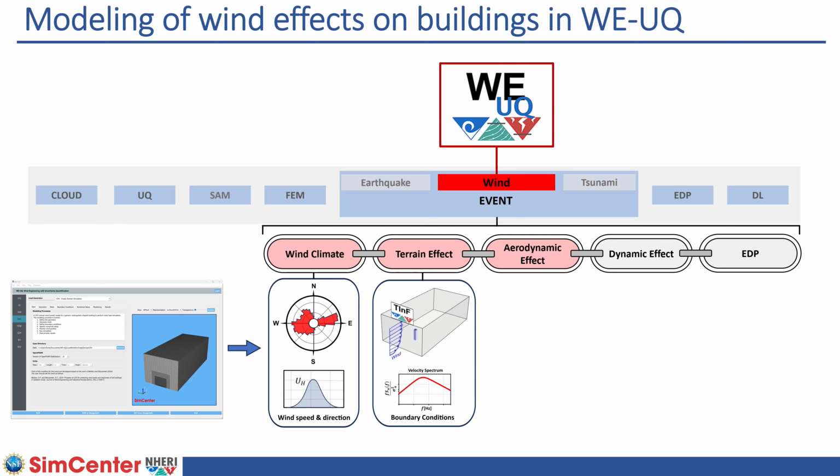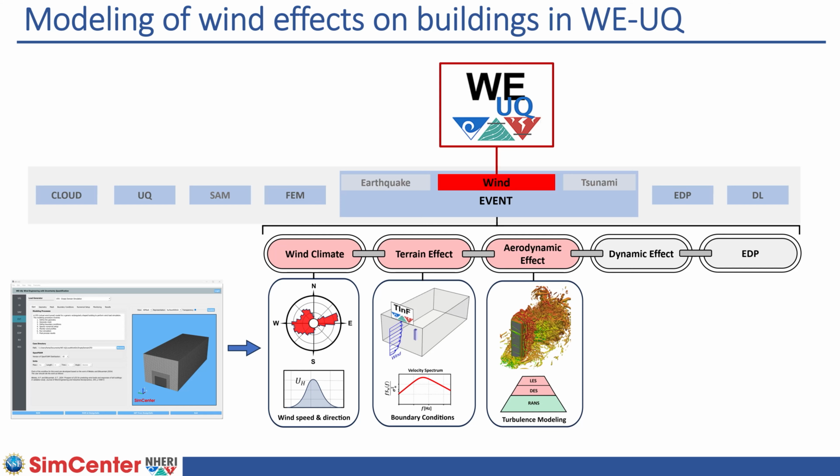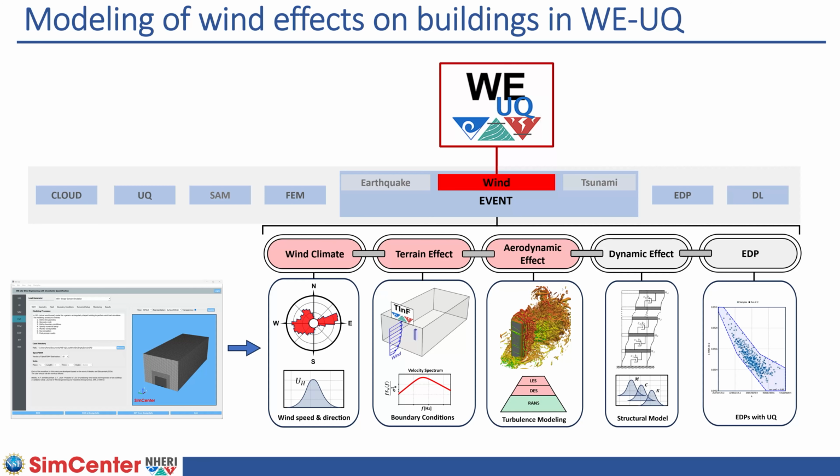Then we have the terrain effect, which is accounted by providing appropriate boundary condition in our CFD model. And we have the aerodynamic effects, which are represented by running high-fidelity CFD simulation and extracting the wind loads from those simulations. And finally, we have the dynamic effect, which is incorporated by running a time domain analysis of the structure using the loading provided from the CFD models. And finally, we evaluate the engineering demand parameters.